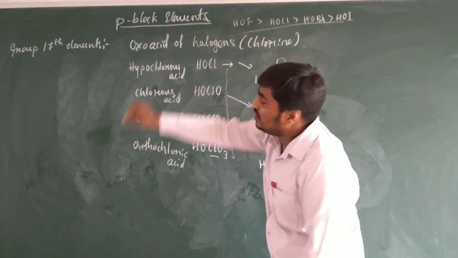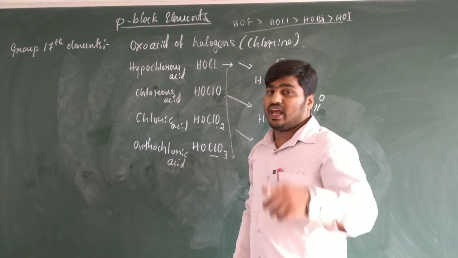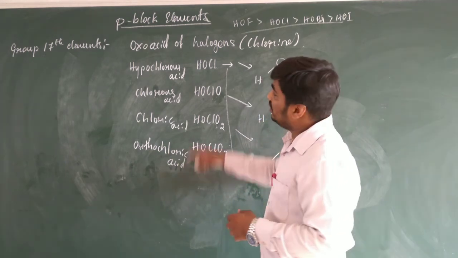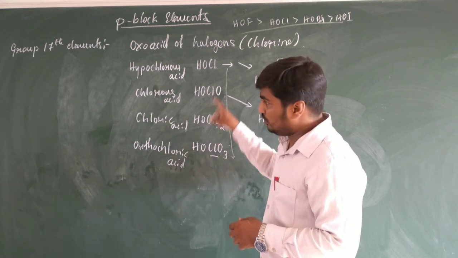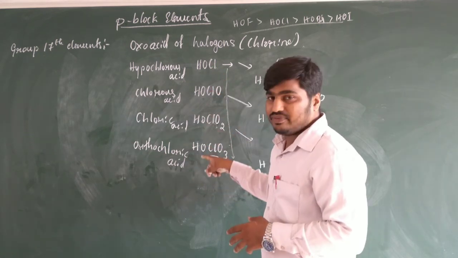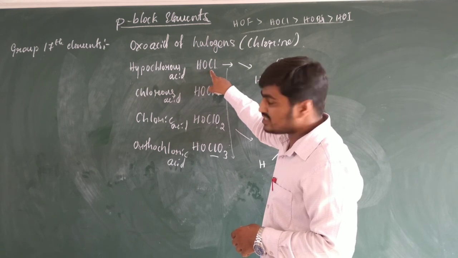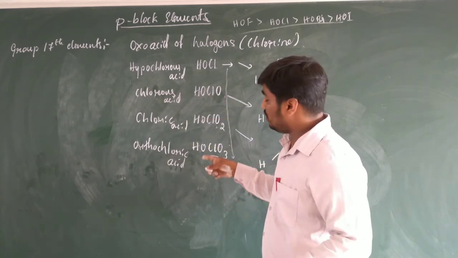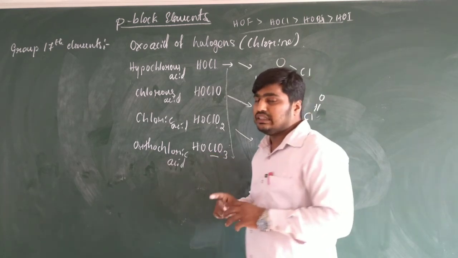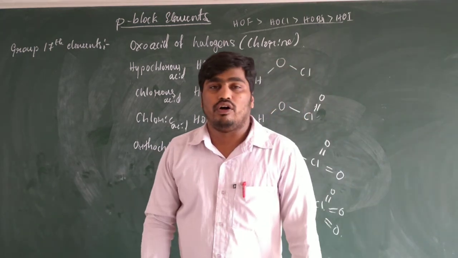So this is the acidic strength of oxoacids of different halogens. In the oxoacids of chlorine, the order of acidic strength goes from less acidic to more and more acidic. These are the important properties of oxoacids.